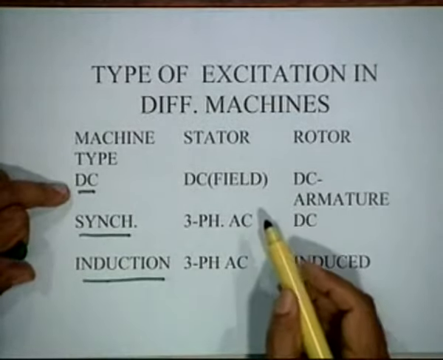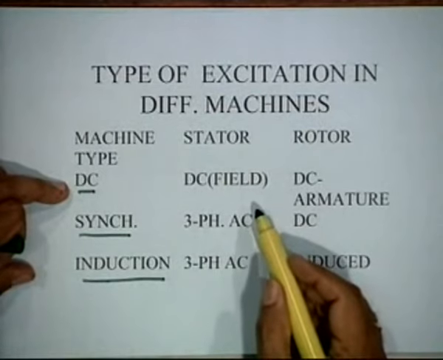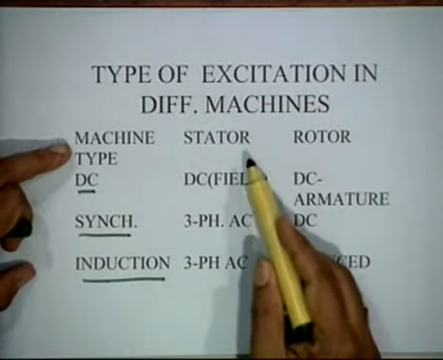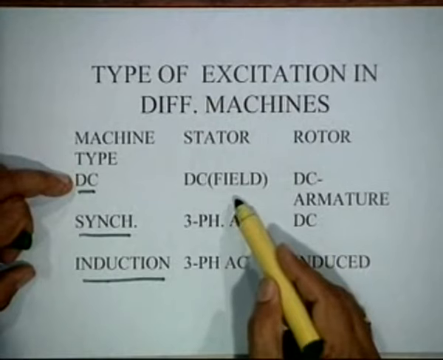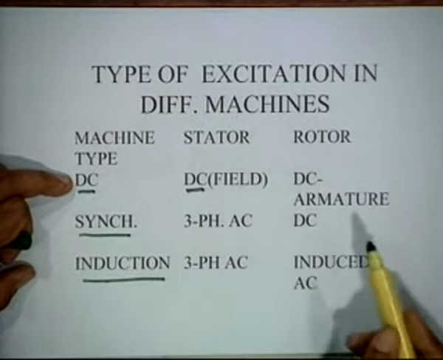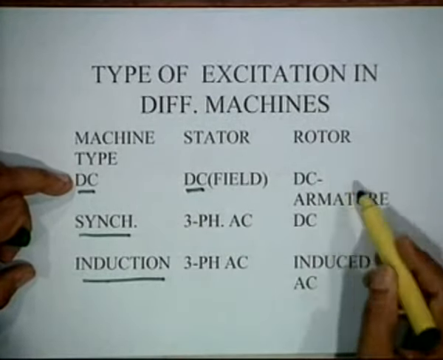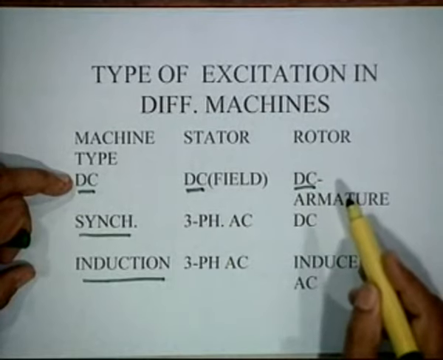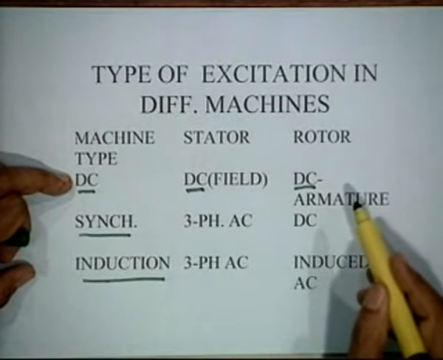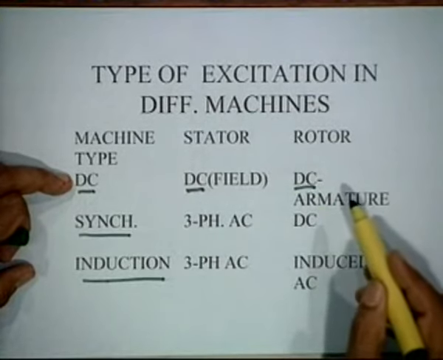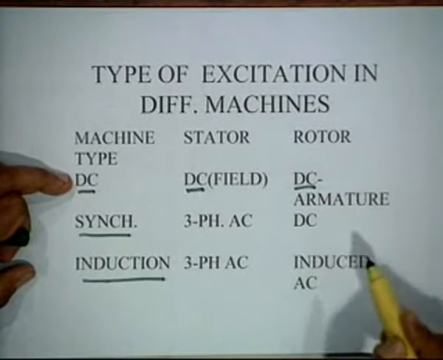We have seen the windings carry currents. In a DC machine, the stator winding carries current which is DC. The rotor windings also carry a DC type of current, because the currents do not change in the winding in the given position.